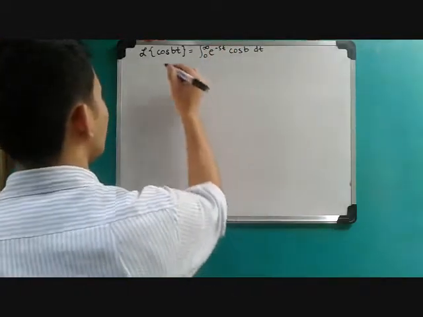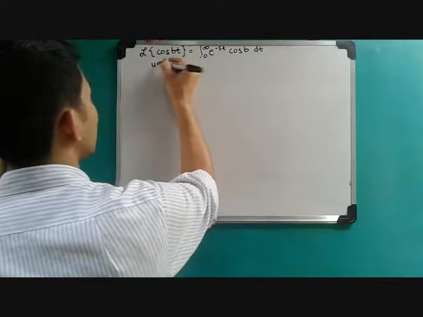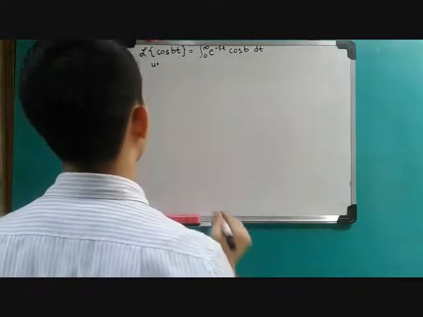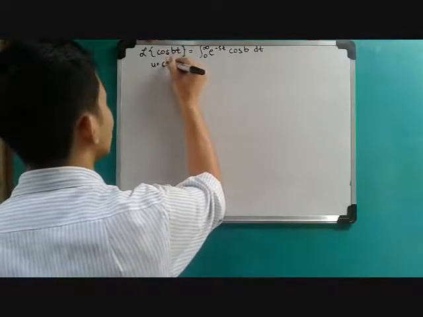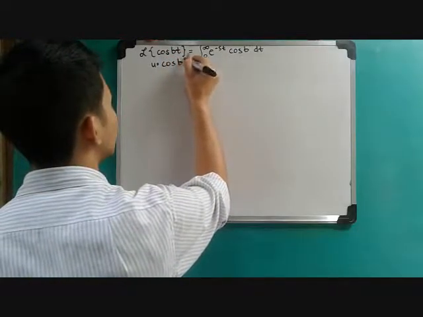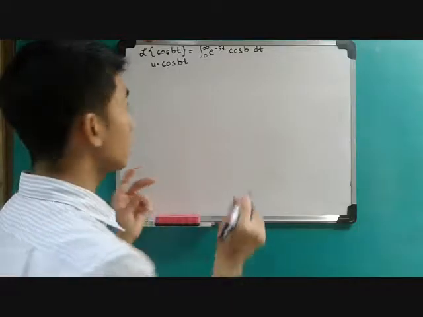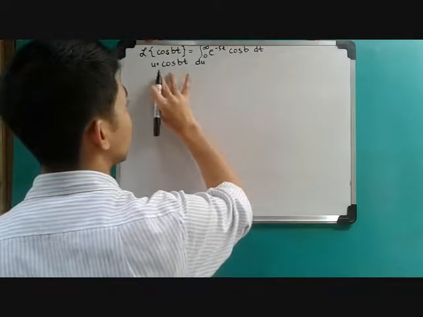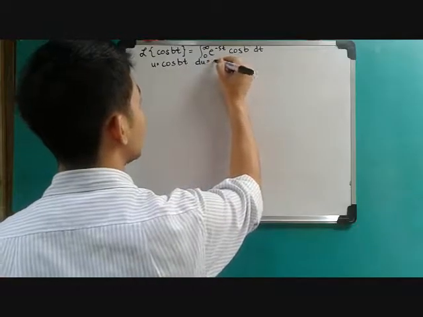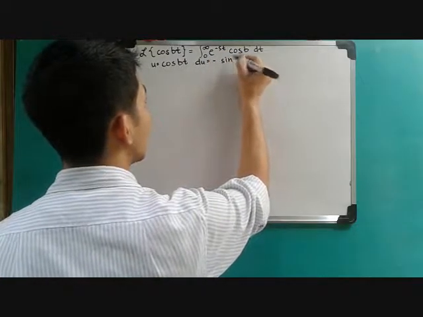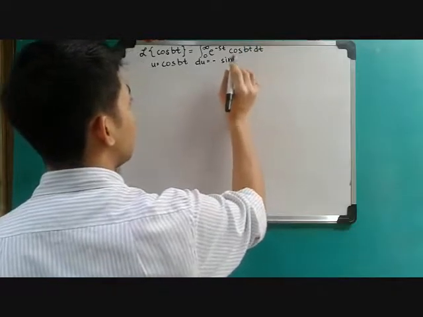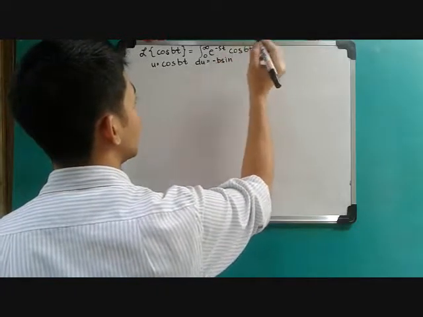So first, you need to find u, because you can solve this equation using integration by parts. u is equal to cosine bt. The derivative of cosine bt is equal to negative sine times the derivative of bt, which is b.